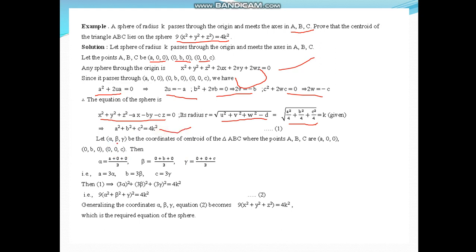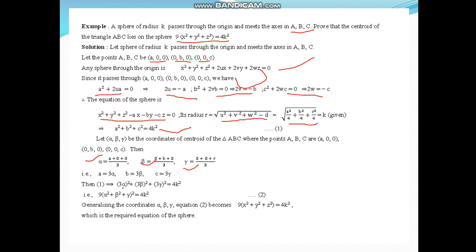Now let us suppose that alpha, beta, gamma are the coordinates of centroid of triangle ABC, with A, B, C as this. So by centroid formula, it is alpha, beta, gamma, from where we can find a, b and c, and substitute this a, b, c here.